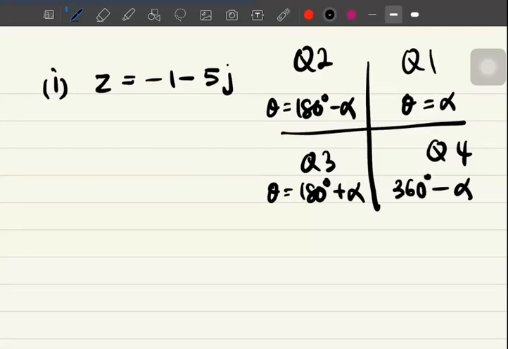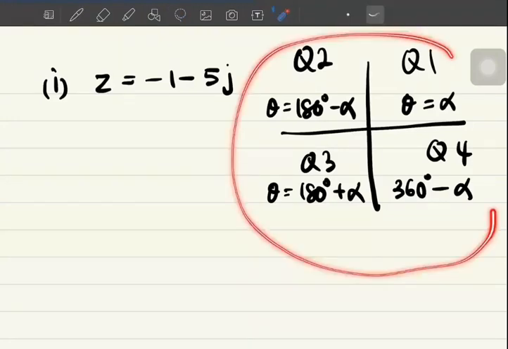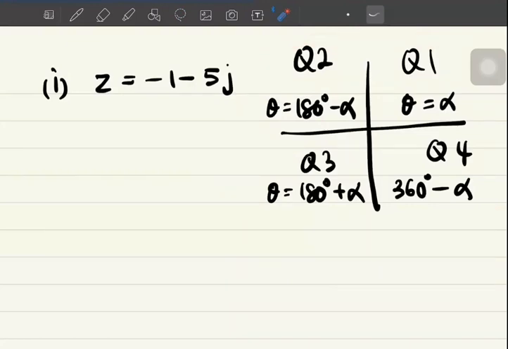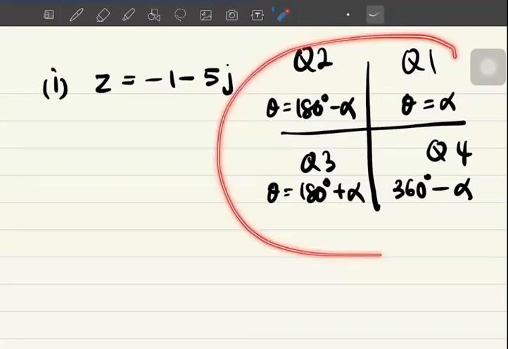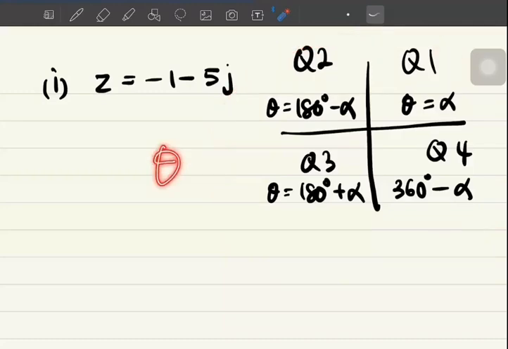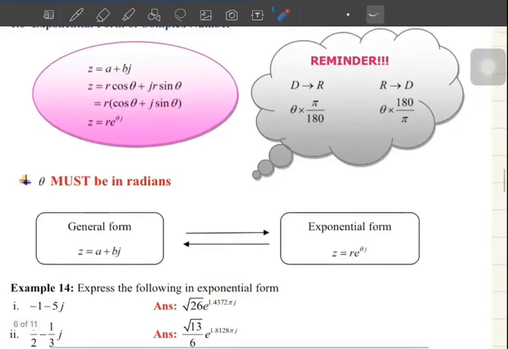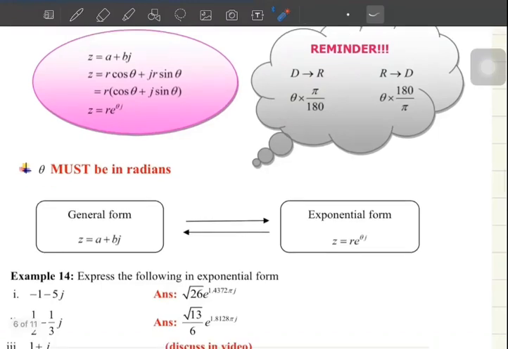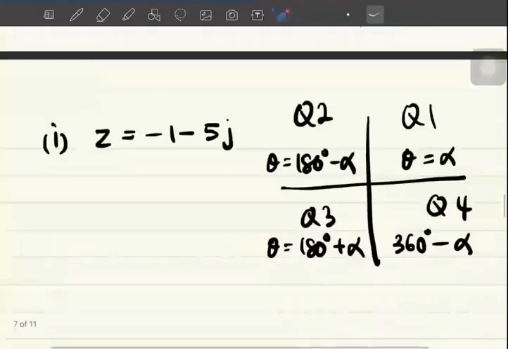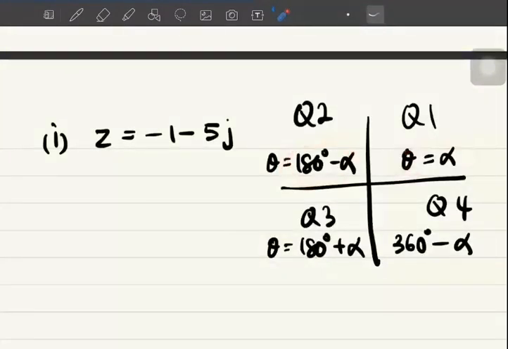Okay, so kita dah tahu benda ni. Okay, you all dah faham dah benda ni. Okay, so you just use this step to find your theta, then you darabkan dengan pi over 180 to convert it into radian. Okay, kalau you nak tukarkan benda ni dalam bentuk radian, dia jadi banyak benda yang you kena faham.